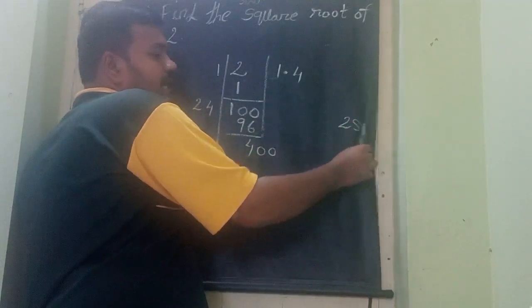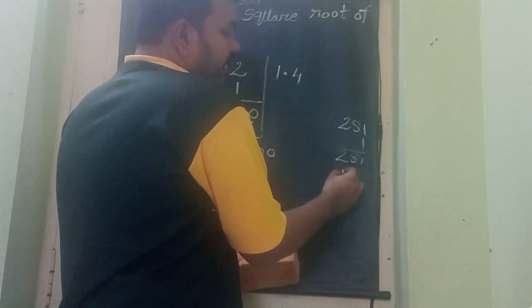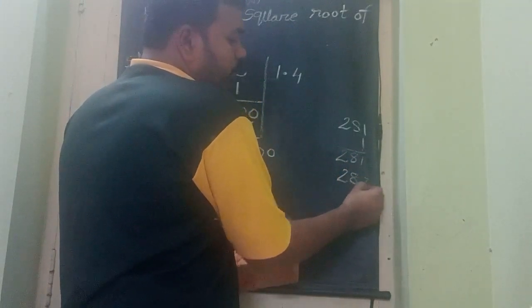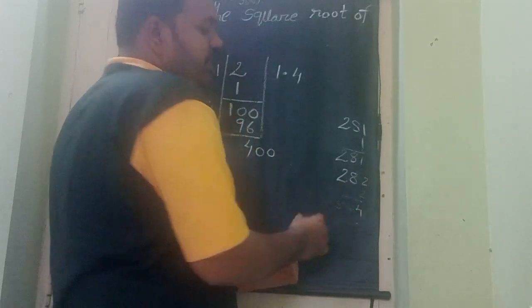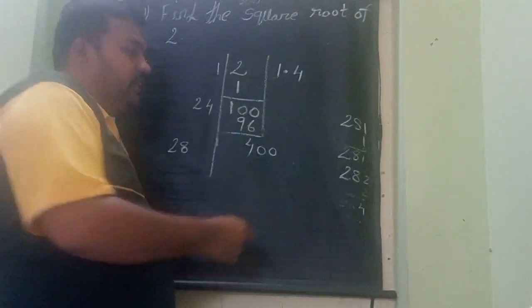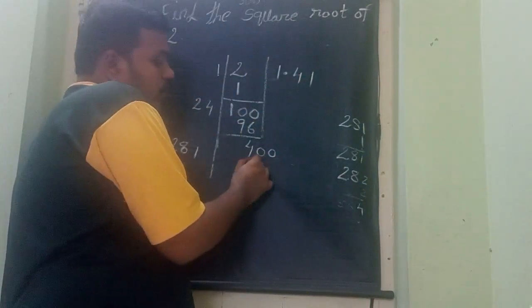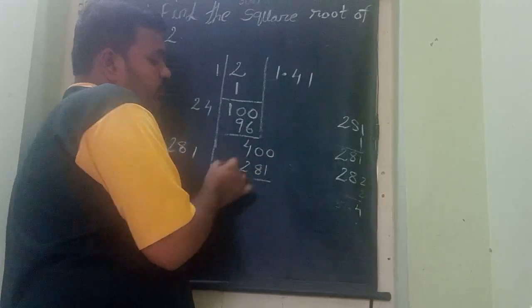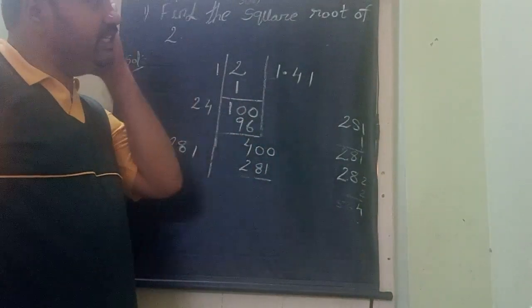Taking one time gives 281. Taking 2 times: 2 2s are 4, 8 2s are 16, which becomes more. So take only once, that is 281. No need of subtraction. The answer is 1.41. Only 2 digits are enough for us.